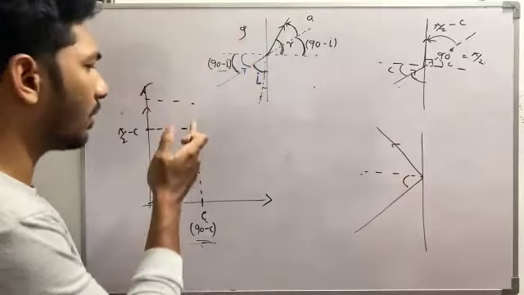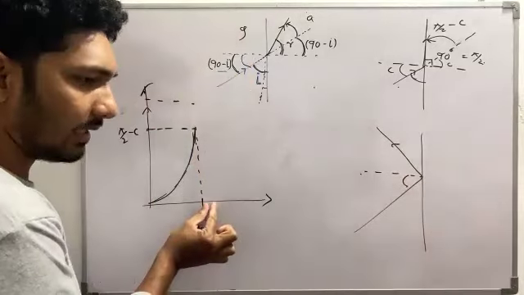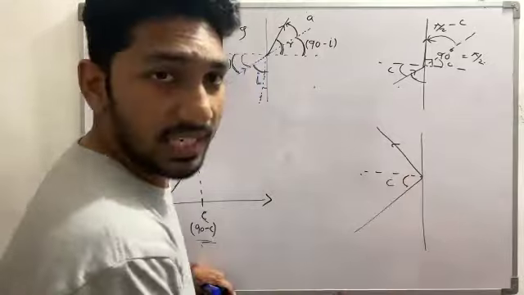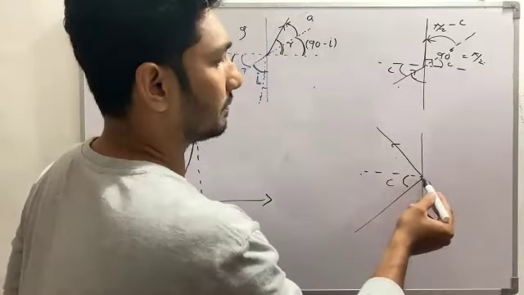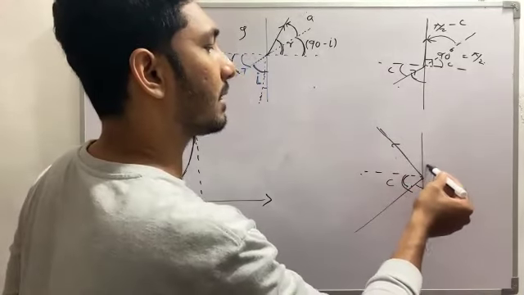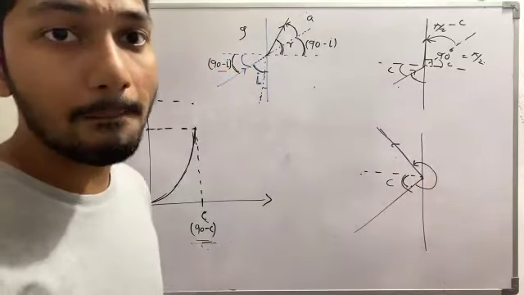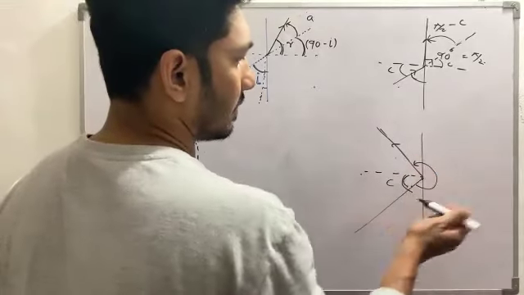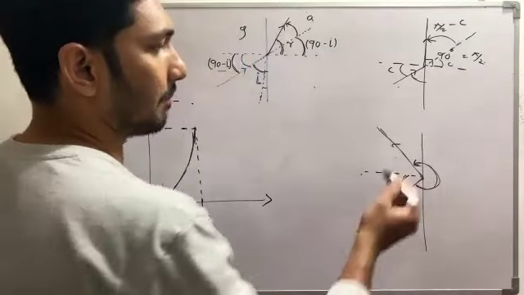That is why they don't show a shift. They don't show a difference in angle here. They straight away jump like this. So when it is C, we should also take total internal reflection. So now this is the resultant. This will be the deviation, here to here.